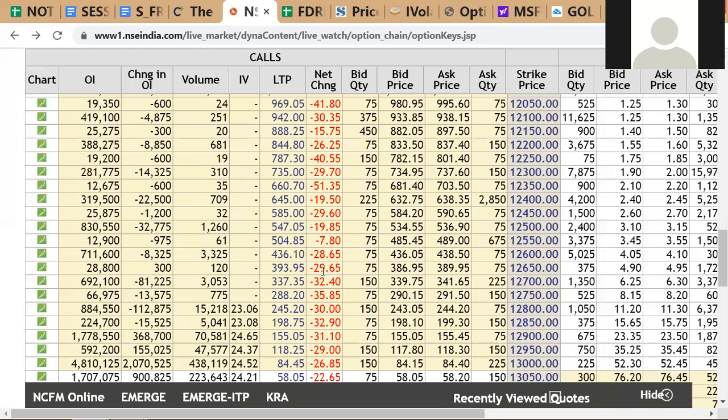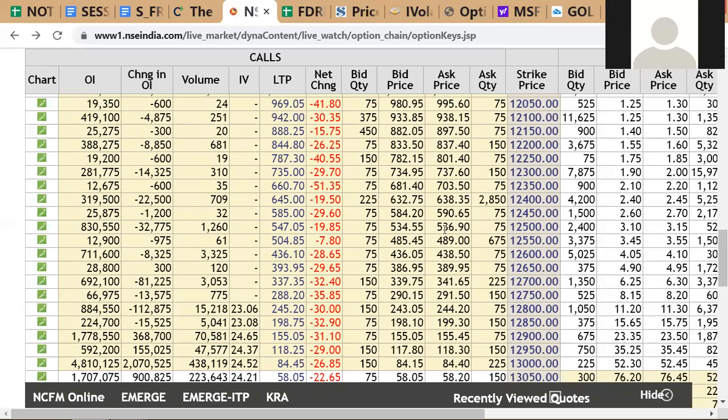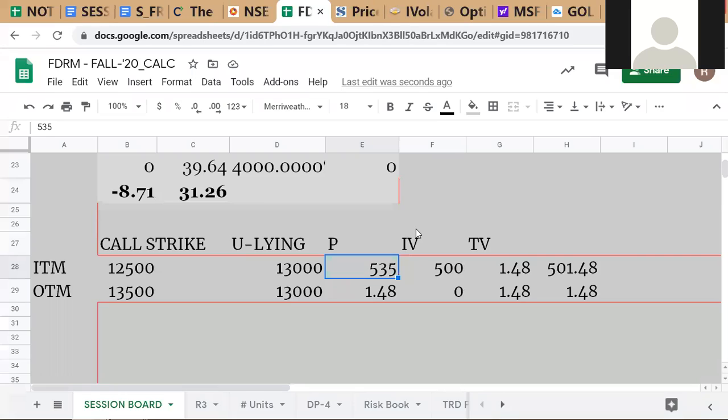In fact, the last traded price is 547. Now it is trading at 534.5, 536.90. So right now it is higher than fair value. So as an arbitrager, the fair value is this. So as an arbitrager, you would sell this call at 535.